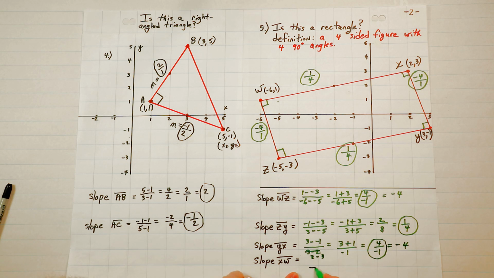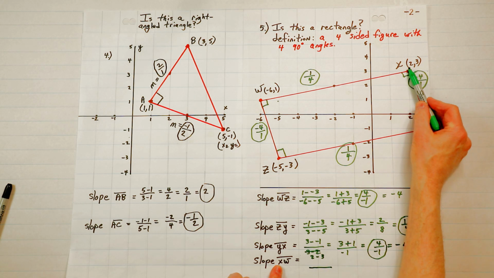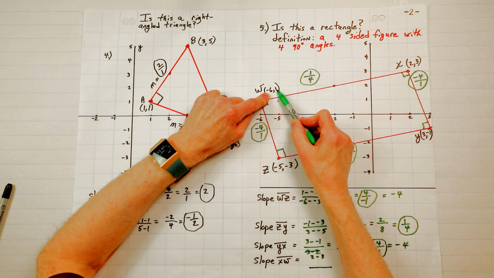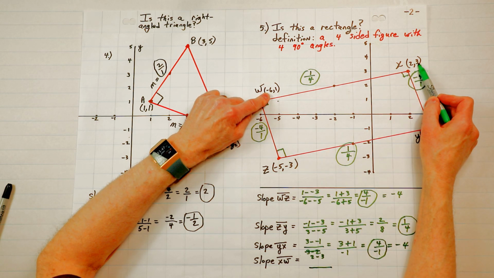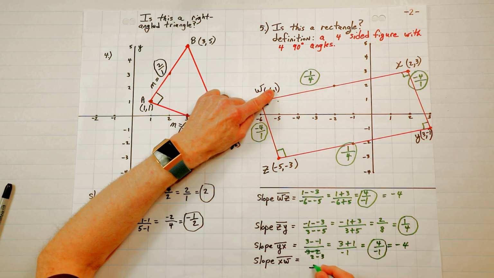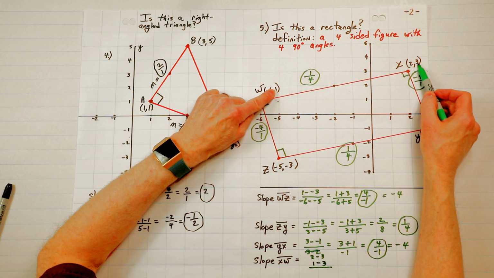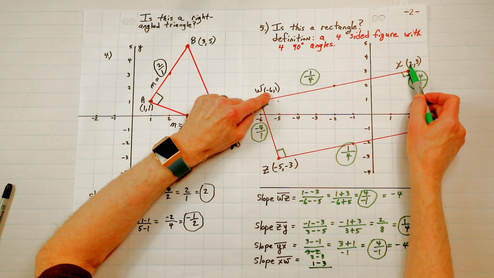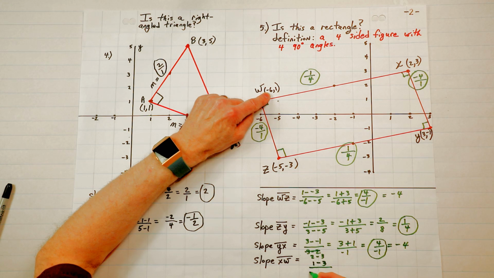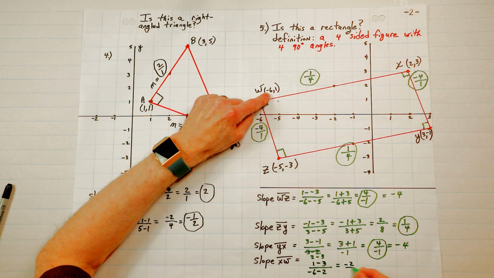Okay, so the last one, XW is up here. This will be my x2, y2. This will be my x1, y1. So I will have 1 subtract 3 for my numerator, y2 take away y1, and then x2 take away x1: negative 6 subtract 2. So 1 subtract 3 is negative 2.